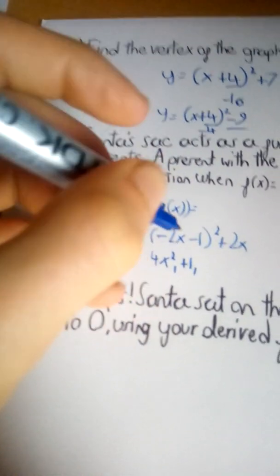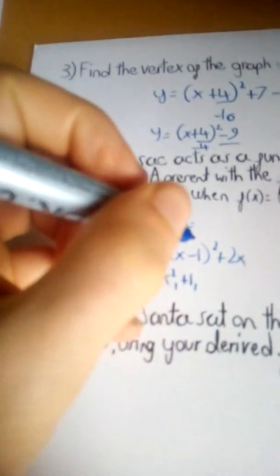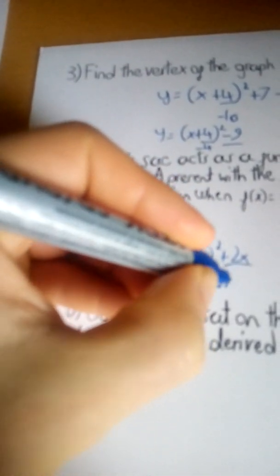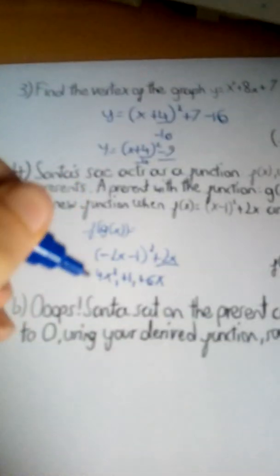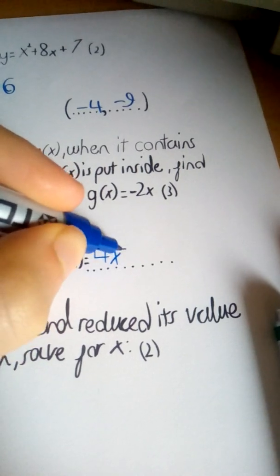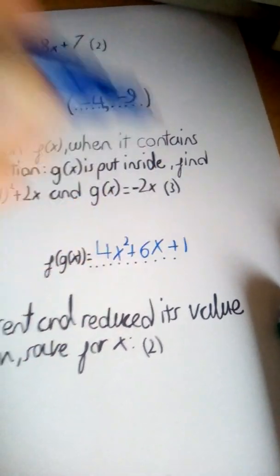Minus 1 times minus 2, we get plus 2x plus 4x because we're doubling it, and add this 2x at the end, we get plus 6x. So there we go. So all we have to say is it is 4x squared plus 6x plus 1.